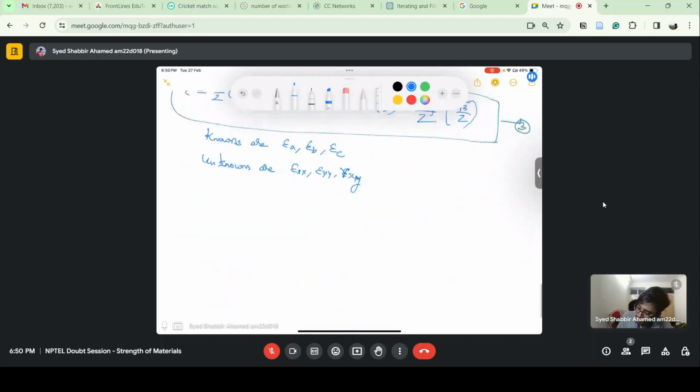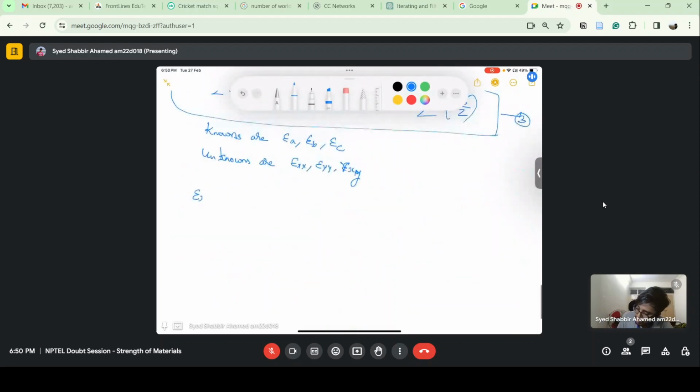First, epsilon xx we have already got: the strain in the x direction is equal to the strain in strain gauge A. And epsilon yy will be equal to 1 by 3 into 2 into (epsilon b plus epsilon c minus epsilon a).